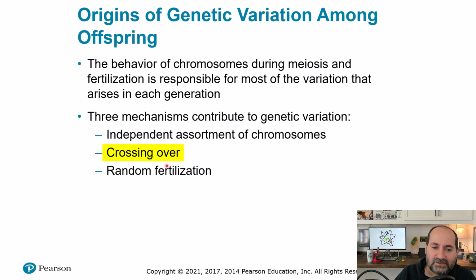Remember, crossing over, which occurred during Prophase I of meiosis, independent assortment, which occurred during Metaphase I of meiosis, and then lastly, random fertilization, right? Because it's a random sperm that fertilizes a random egg. So all 3 of these actually contribute to genetic variability and genetic variation.